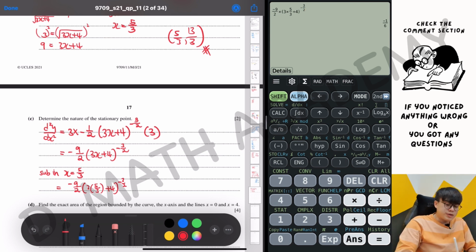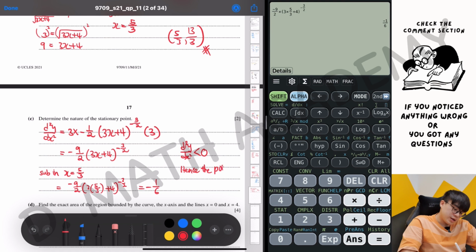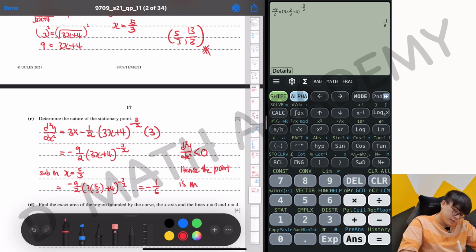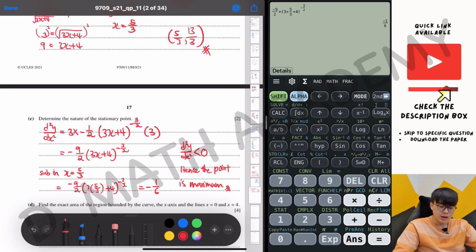And you will get your result as -1 over 6. So since your d2y/dx2 is less than 0, it means it's a local maximum. Hence the point is a maximum. Okay, so this is how you get C done here.